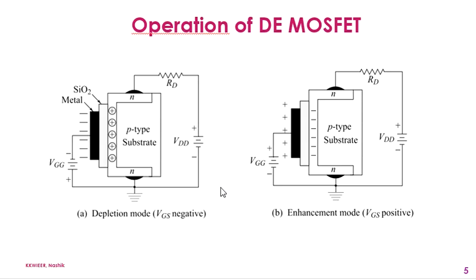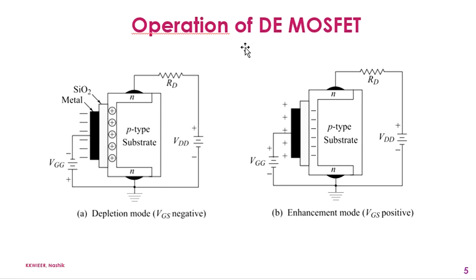The drain and source terminals are directly connected to the N-type layer. This drain is connected to the N-type layer and gate is connected at the middle through the SiO2 layer. There is a silicon dioxide layer in between gate and this device.